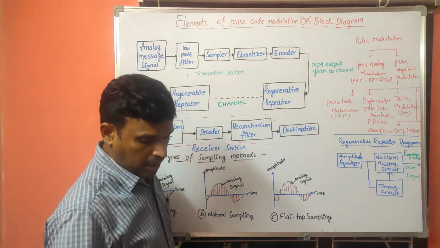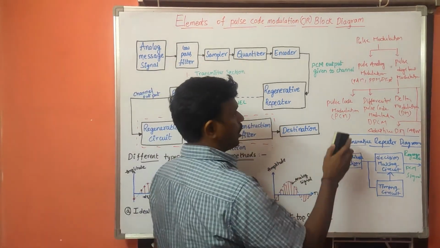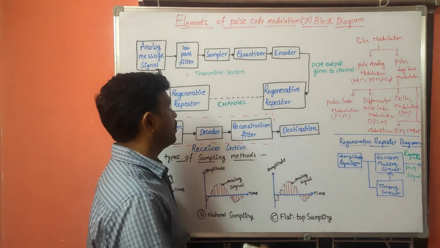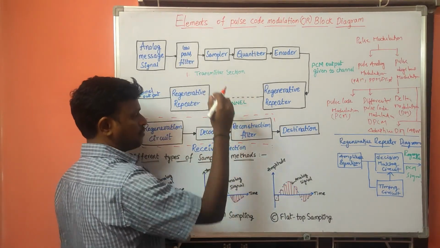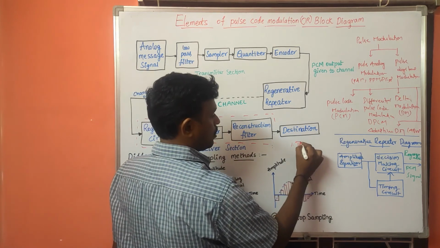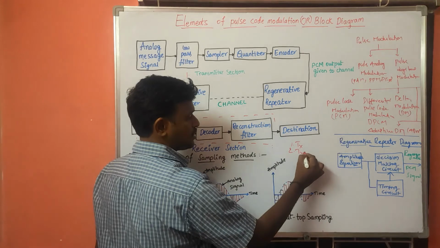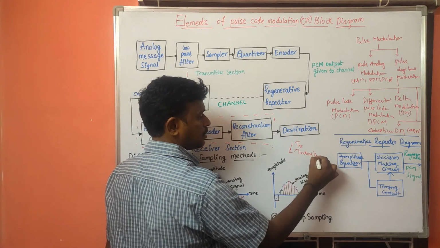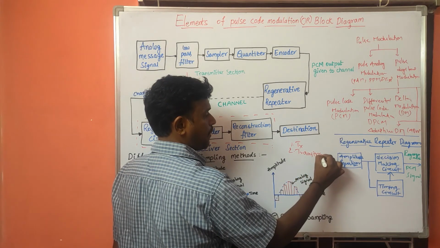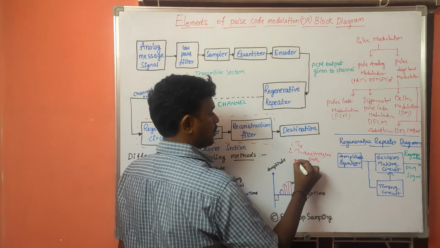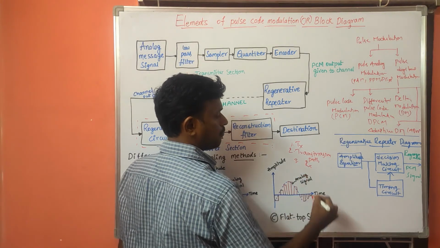So pulse code modulation consists of three parts: the transmitter part, the transmission part, and the receiver.